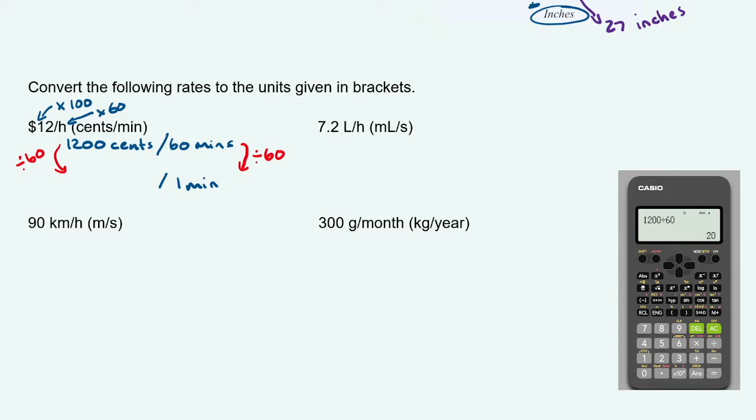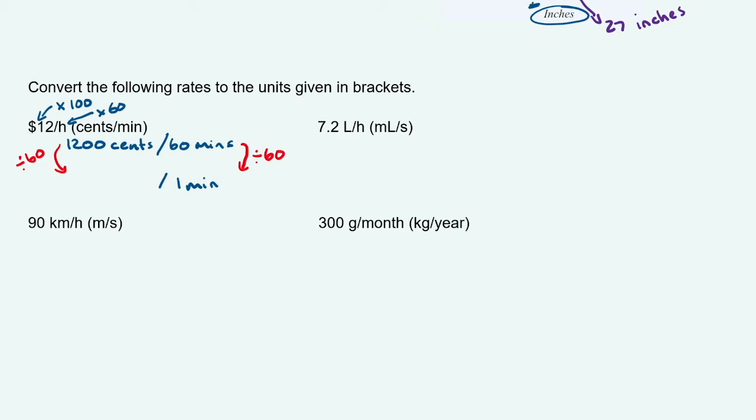So this is going to be 20. So it's 20 cents per 1 minute. So it's 20 cents per minute. So there's our answer.